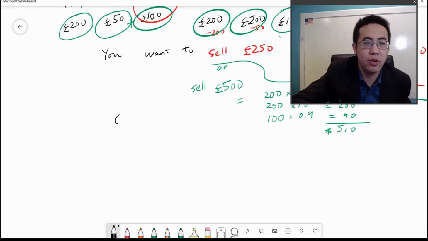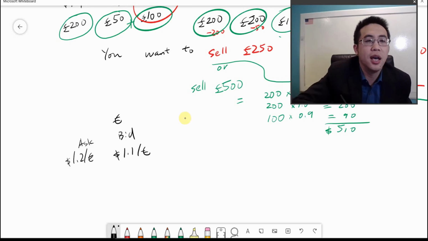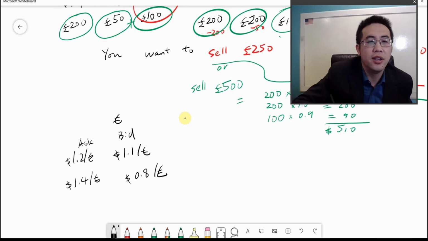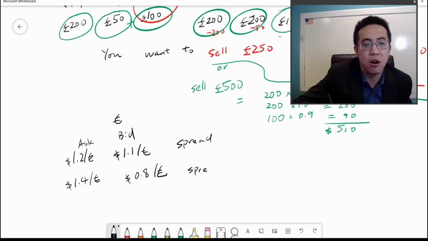If you have a bid-ask spread for euro, bid is $1.1 per euro, the ask is $1.2 per euro, okay? And suddenly it enlarges to $1.4 for the ask and $0.08 for the bid. So this spread is smaller, and this spread is larger.